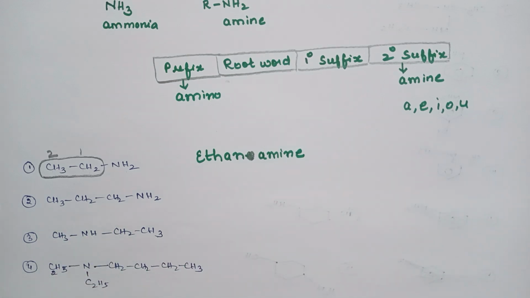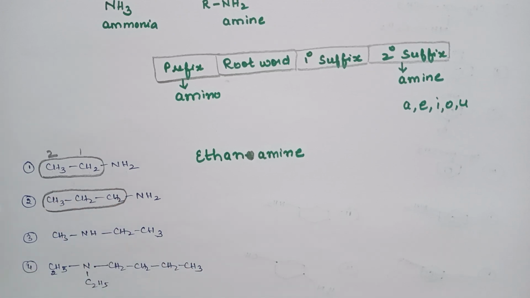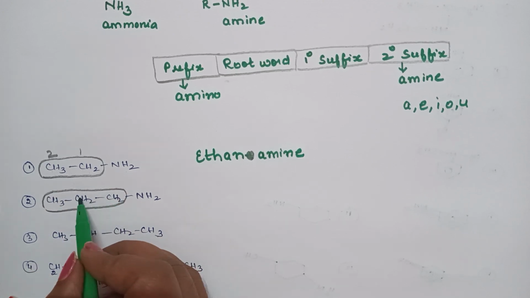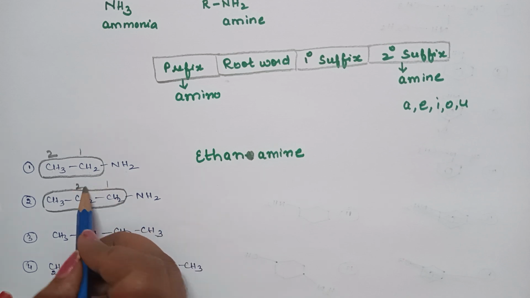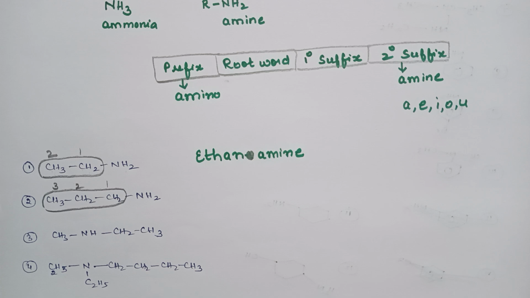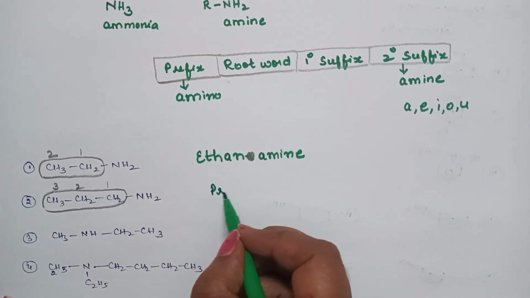Second example, select the longest chain. So 1, 2, 3. 3 carbon atoms are there. Number it 1, 2, 3. If 3 carbon atoms are there, you will write it as propane.